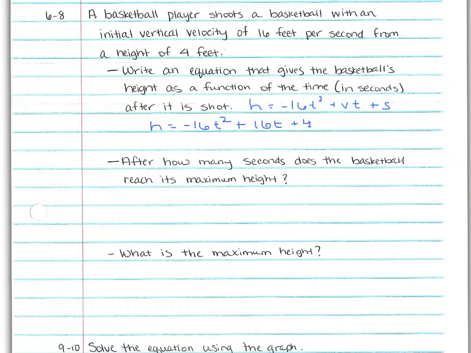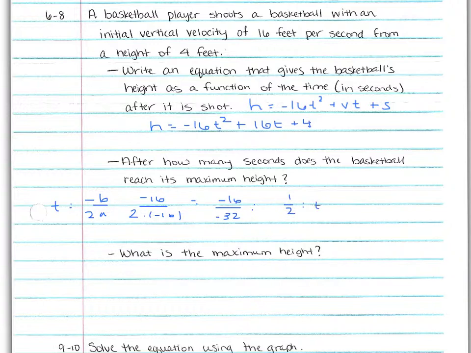So we're going to use negative b over 2a, and we're going to say that equals t this time because t is our x in this situation. So our b is 16, so that's going to be negative 16 over 2 times a, which is negative 16, so 2 times negative 16. So that's negative 16 over negative 32, which gives us 1/2.